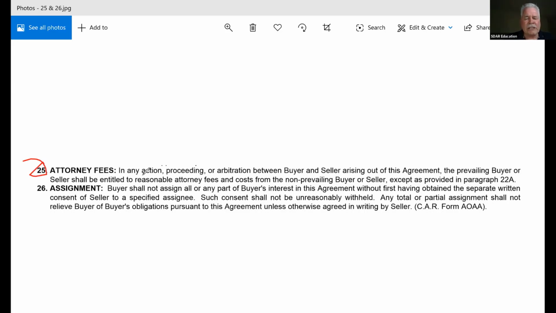In any action, proceeding, or arbitration between the parties arising out of this agreement, the prevailing buyer or seller shall be entitled to reasonable attorney's fees. Now, somebody define reasonable for me. There's a principle of law called the reasonable man standard, which is kind of like, I don't know, right?